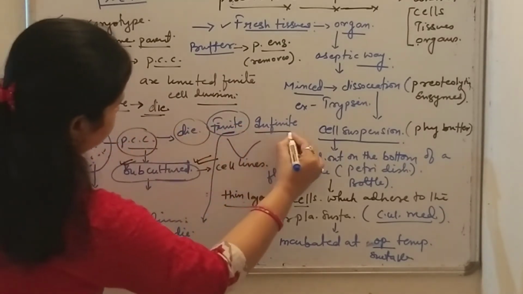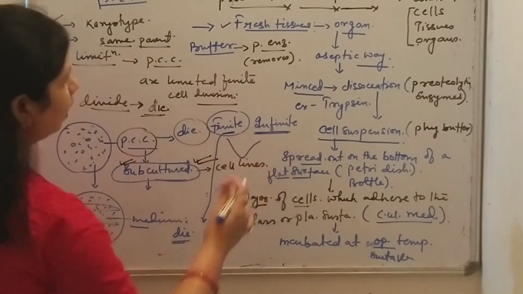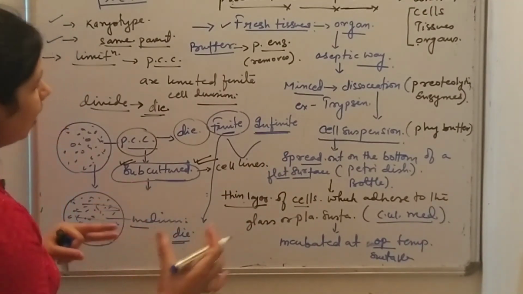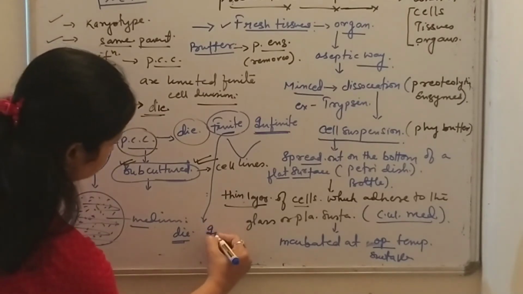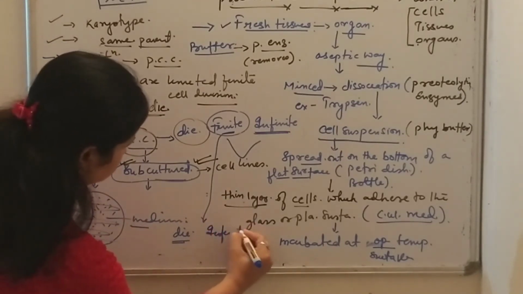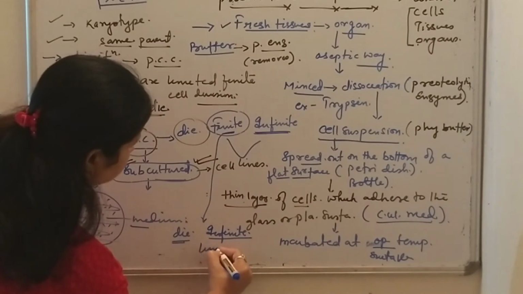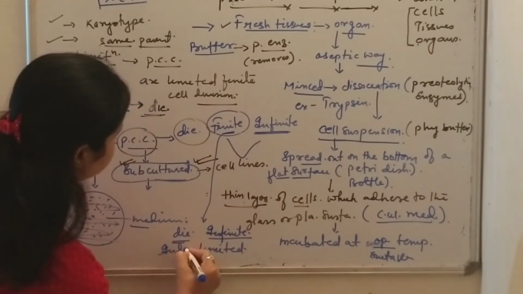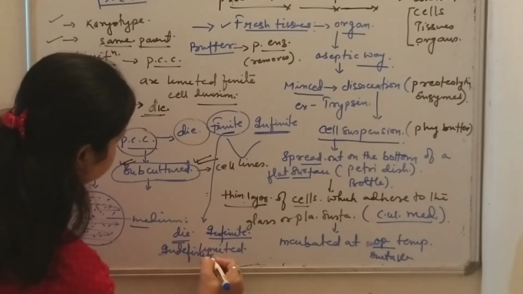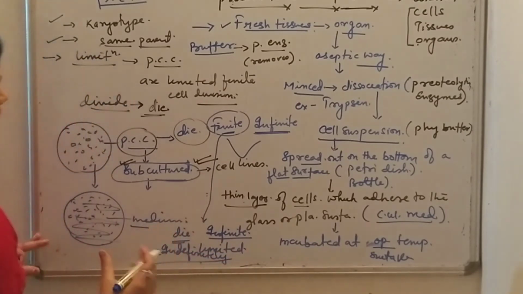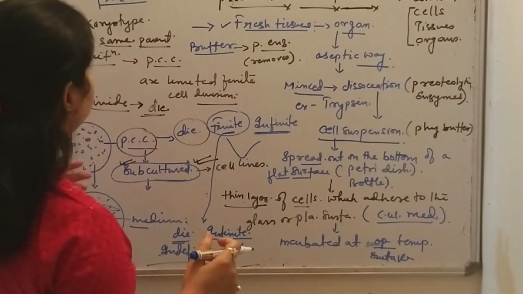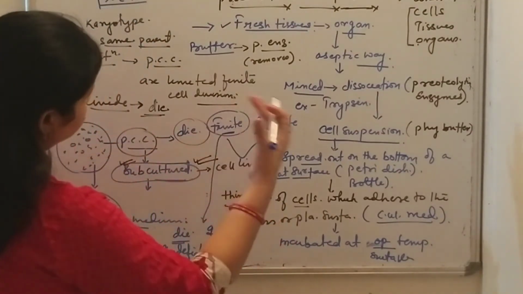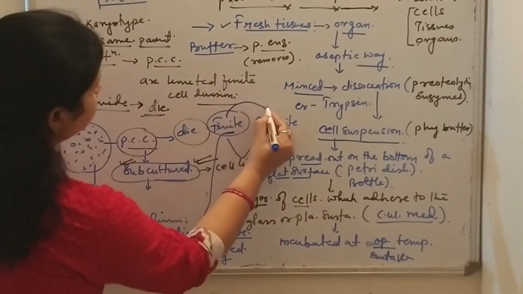And infinite cell line means they do not have a limited lifespan. Infinite cells can divide indefinitely.